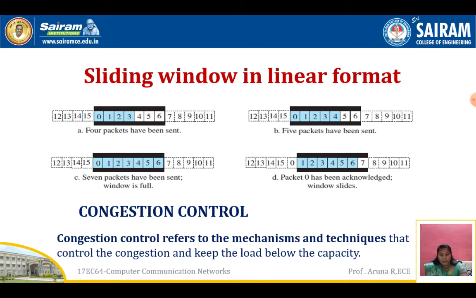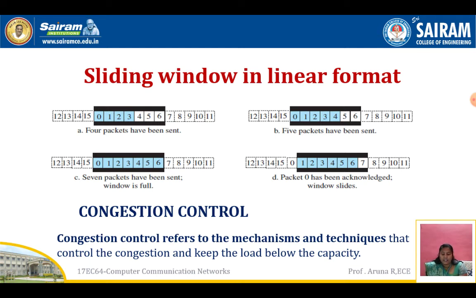In the transport layer, very important, we have to study congestion control. Congestion control refers to the mechanisms and techniques that control the congestion and keep the load below the capacity. Reliable versus unreliable. A reliable protocol guarantees successful data transmission by implementing flow and error control mechanisms.